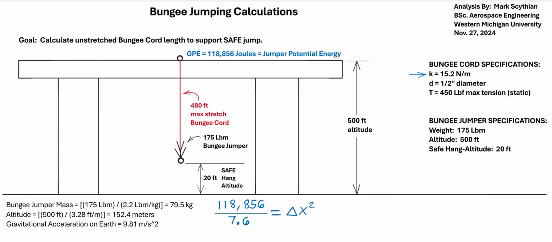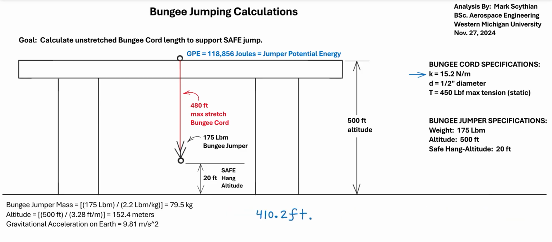So that is equal to the change in bungee cord length stretch squared in meters. So then we solve that ratio and we find the square root of the value to cancel X squared into just X. So this becomes 125.06 meters of bungee cord stretch.